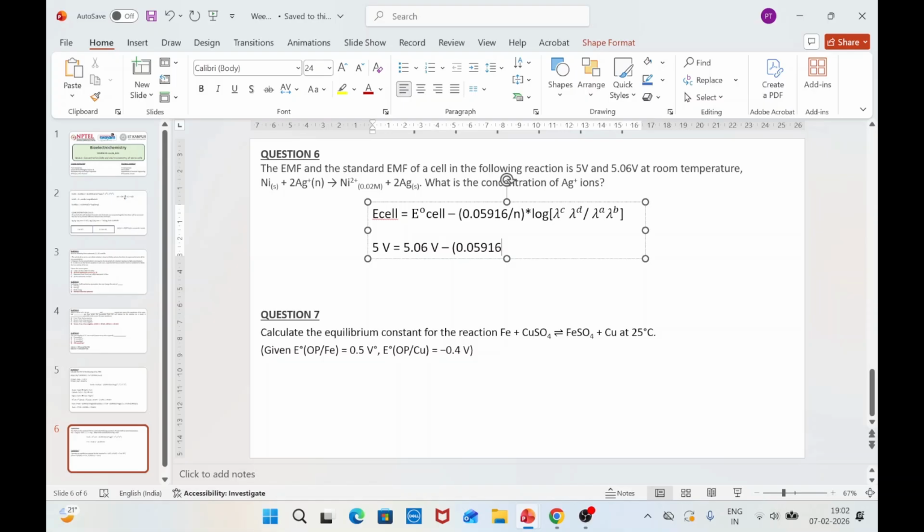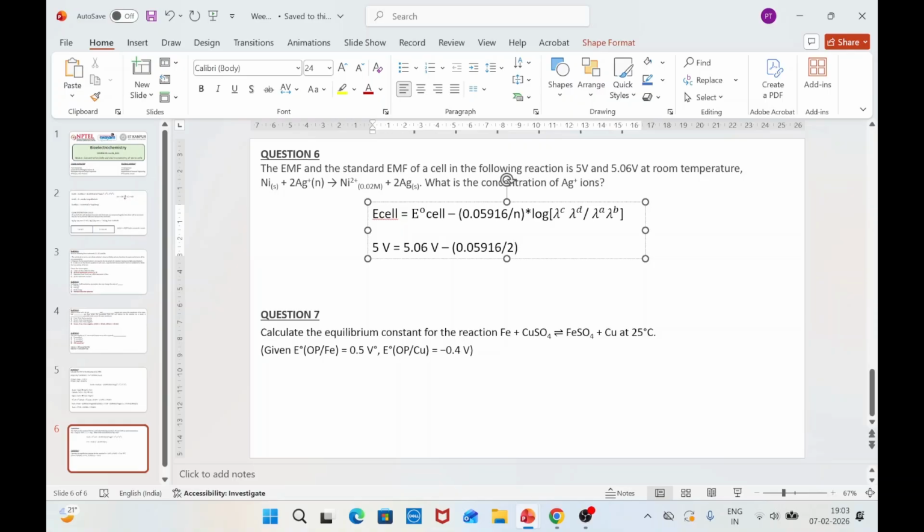So it is always better to remember the standard form of the Nernst equation, that is E equals E naught cell minus RT by NF ln of the reaction coefficient of products over the reaction coefficient of reactants. So what will be the value of n here? The number of electrons participating in the redox reaction, 2, right?